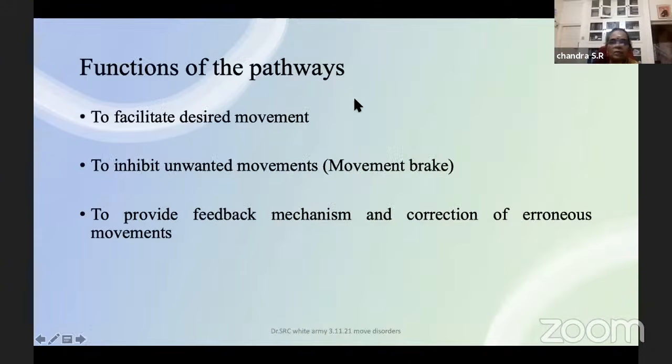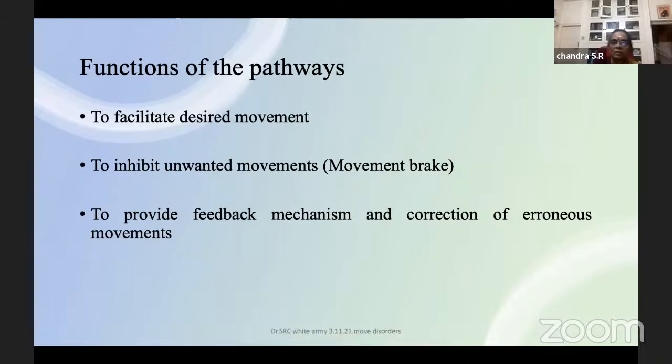So what are the functions of these pathways? They have to facilitate the desired movement and inhibit unwanted movement. When we attend a class, we cannot obviously go for a filling, so you have to inhibit the desire for that. And they provide a feedback mechanism and correction of the movement when it becomes erroneous.